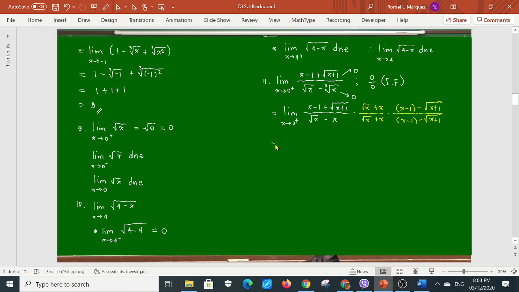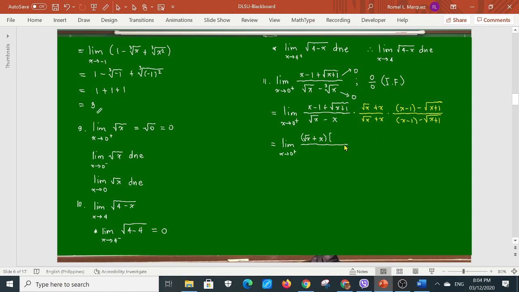Let's now multiply. So, limit as x approaches 0 from the right. Multiply muna dito, tsaka ilalim muna. Pag minultiply ko sa numerator, ang lalabas is square root of x plus x. At ito naman, times ito, anong product nito?